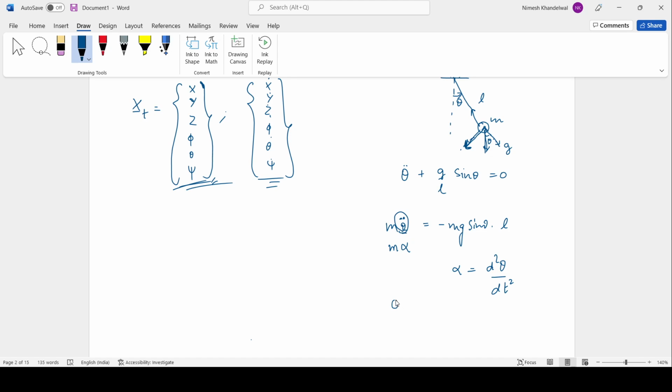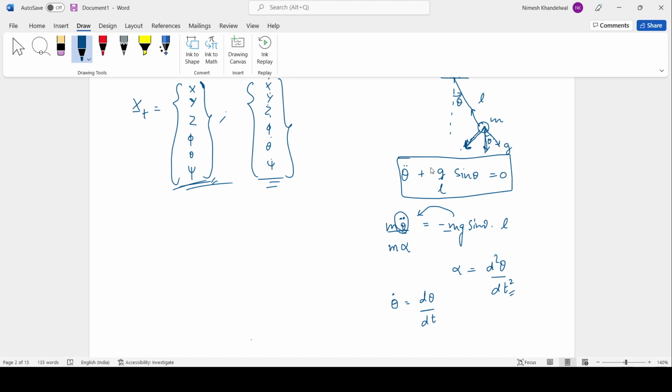When you go to college, you'll see this notation that when you write a dot over any quantity, that just means one time differentiation with respect to time, the first derivative. Two dots means the second derivative with respect to time. Now if you take this term here and cancel it out, you'll get this equation.